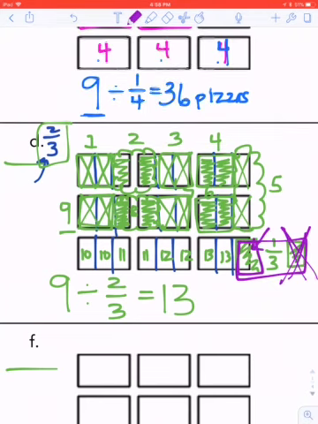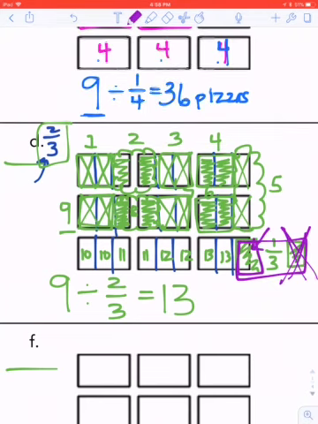So nice job for working through that. For C, let's go ahead and jump up. We are doing 1/5 of a block of cheese for one pizza. Okay? So we have 9 blocks of pizza. We're dividing it into 1/5 sections. So we're going to do our best to make fifths into our pizza.